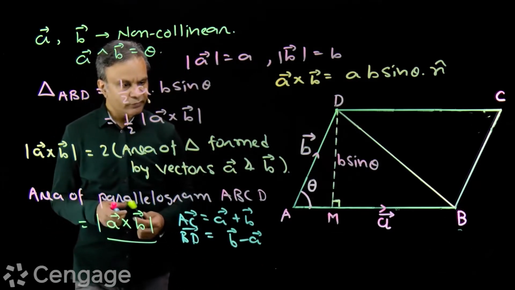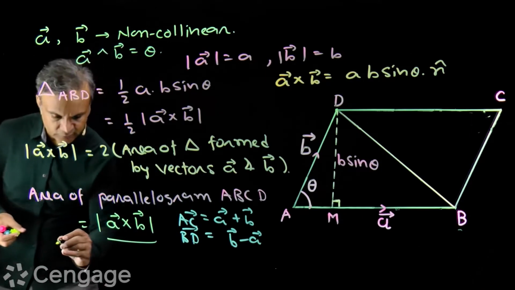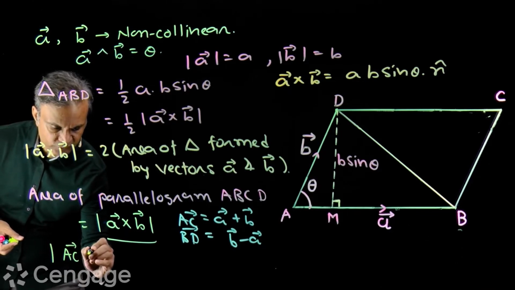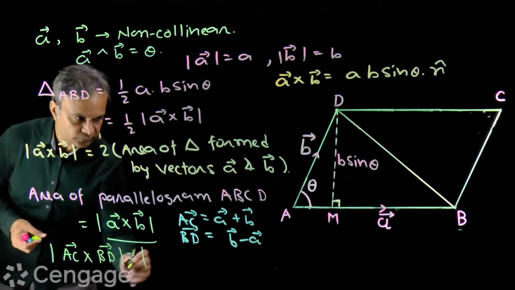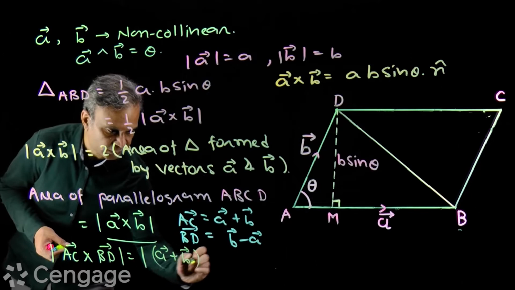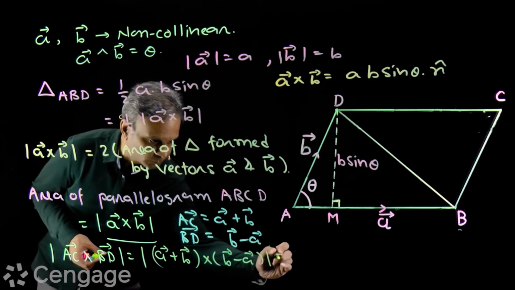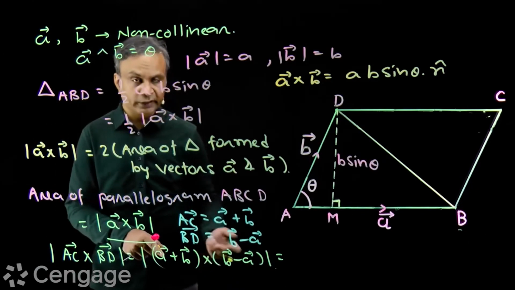Now we find the modulus of AC cross BD. Let's check what we get. We have modulus of A plus B cross B minus A. This will be A cross B minus A cross A. A cross A is 0.